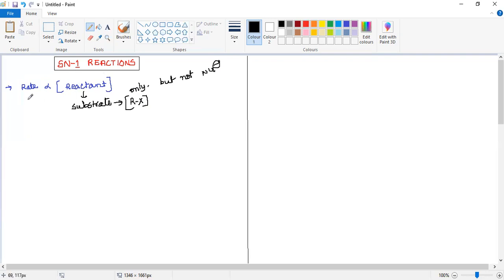So in SN1, the rate is directly proportional to the concentration of only the alkyl halide. Based on this, let us look at one example.